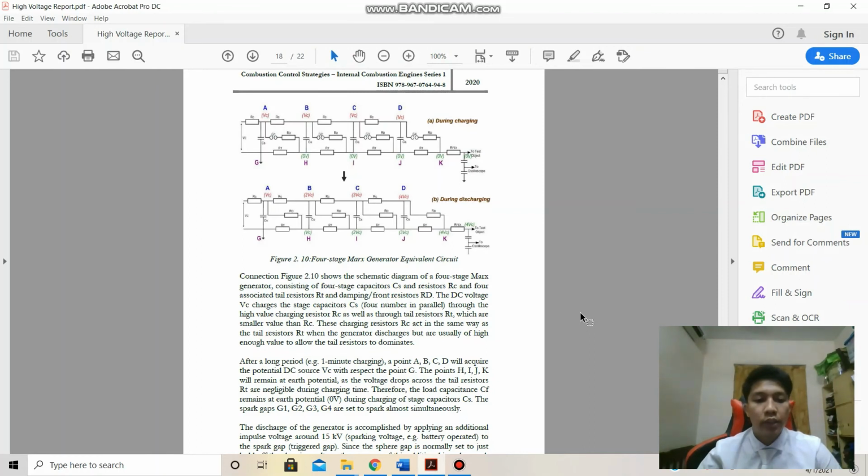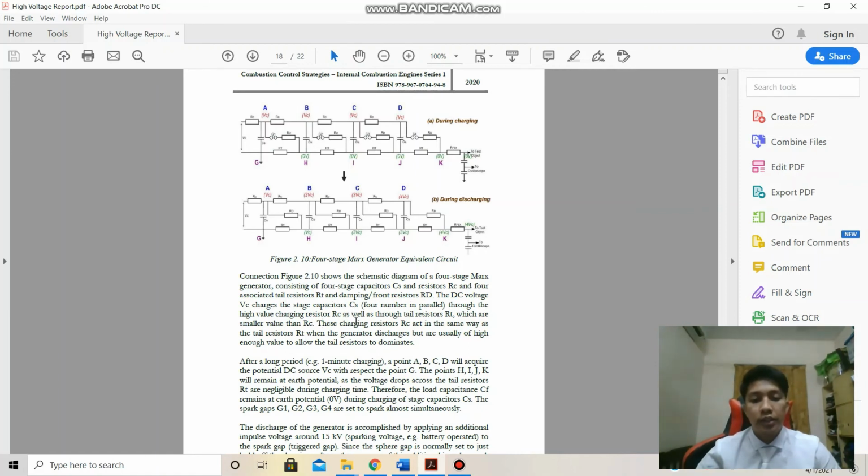And the DC voltage charges the four stage capacitors in parallel through the high voltage charging resistor as well as through the tail resistor, which has a smaller value than RC, that means the charging resistor.